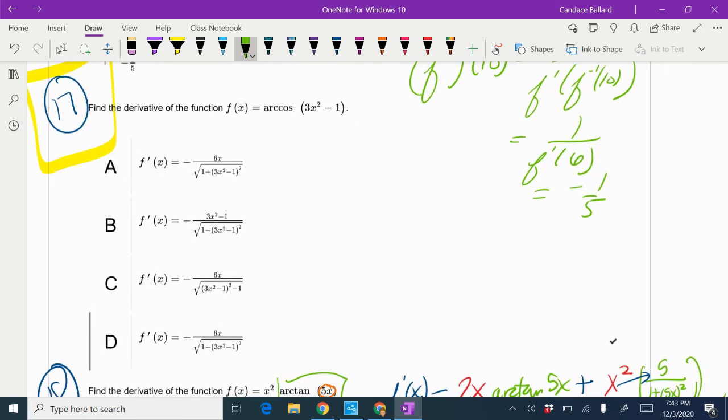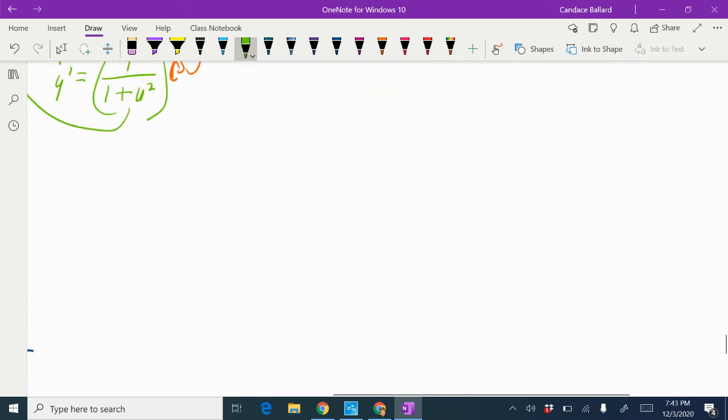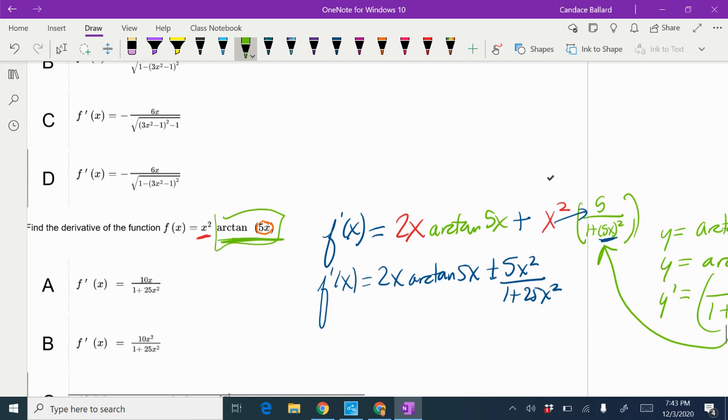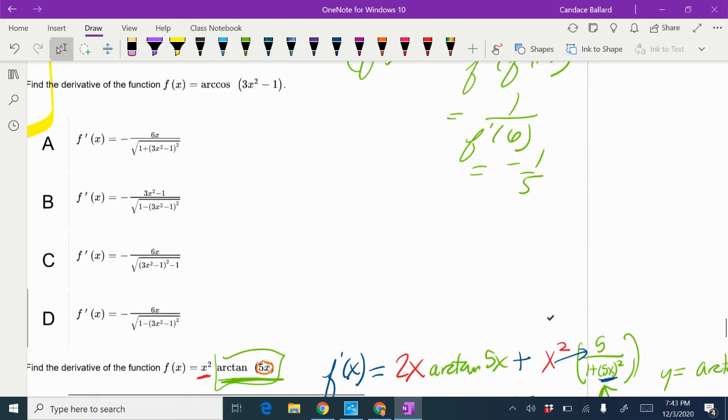All right, I think this is the last one we have to do. Ooh, let's try that again. Okay, so we need to take the arc cosine of 3x squared minus 1. And if you look at all of your answer choices, they're all very similar. We know the derivative has to start with a negative. We're definitely going to look this up as to what we're doing.